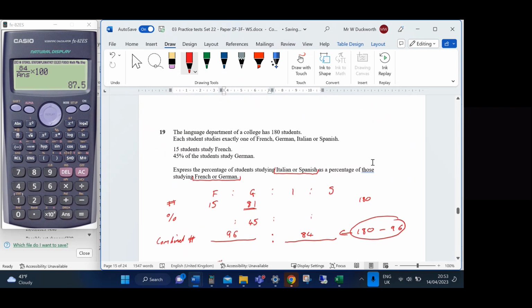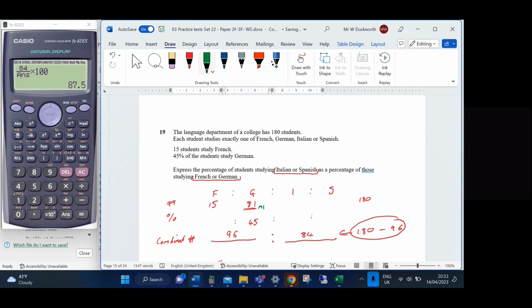And that's the only one on the page. So the mark scheme, what does it say? Let me zoom that out a little bit. Zoomed it in last time. So M1 for method to find the number of students studying German. So we are going M1 for that.